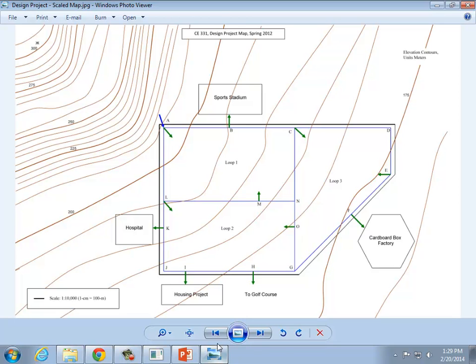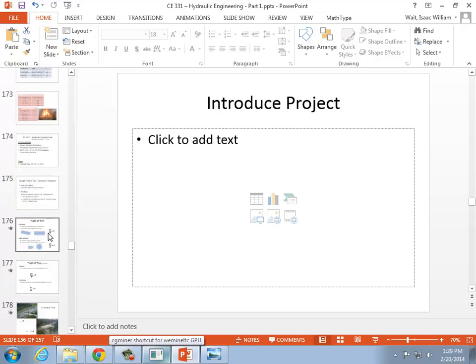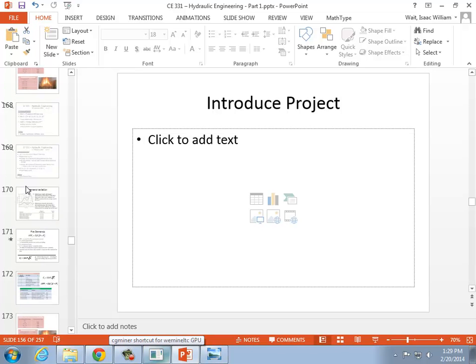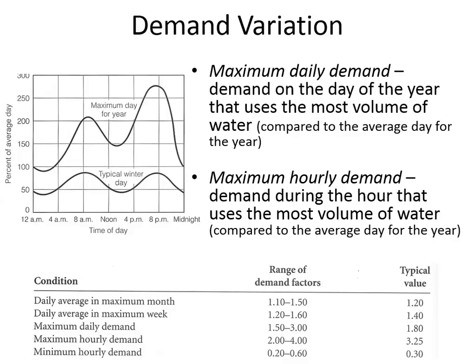The third phase of the project is going to be to size a reservoir. I'll teach you the design process that's used for finding out how big the tank should be if people during the day are going to be using a different amount of water than they use at night. There's a process of applying peaking factors. When I teach you about reservoirs, I'll bring this figure up again.